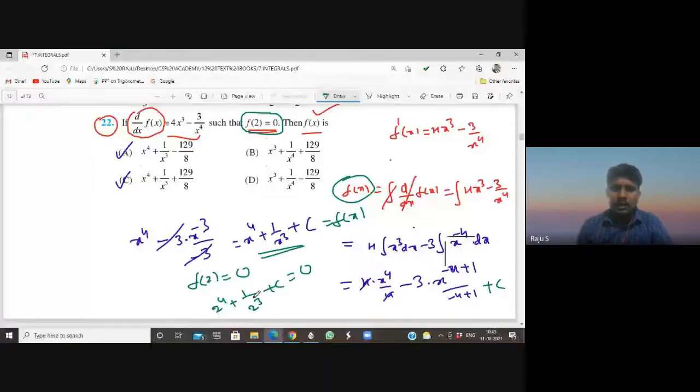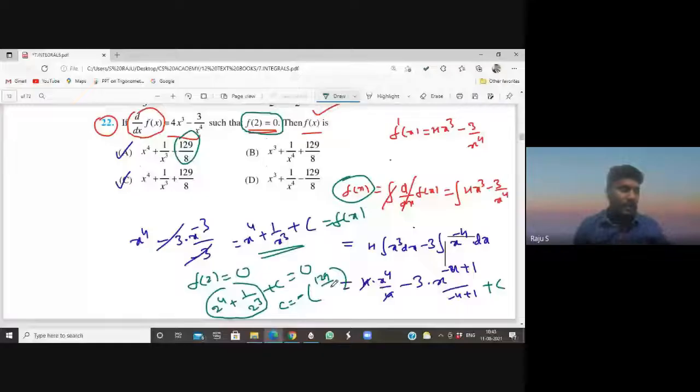So clearly we don't want to evaluate it, C is equal to this. Surely we'll get the same value, 129 by 8, not required to simplify. So C is equal to minus that value. So option A is correct. After finding the C value, again replace it here.